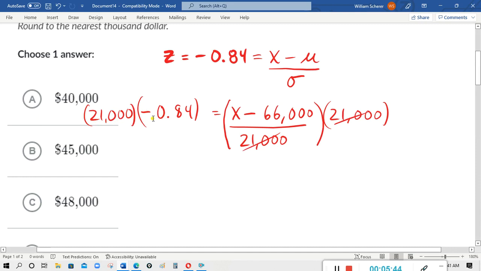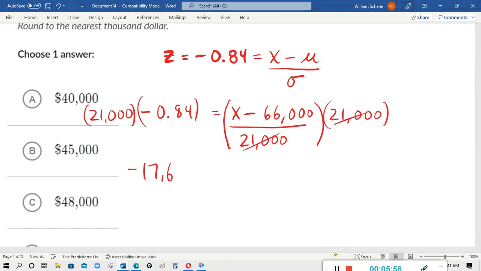I am going to do this part on the calculator. Okay? So on the calculator, I get negative 17,640. Okay, watch your plus minus signs. This is positive times negative, so it's going to be a negative. Okay, and on the right-hand side, I'm left with x minus 66,000.